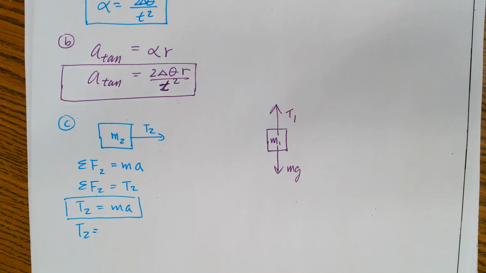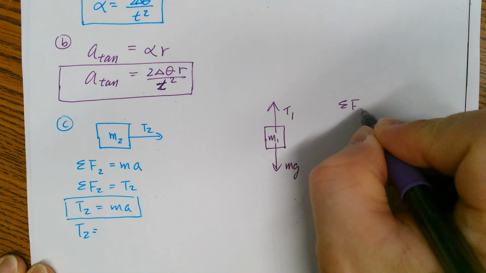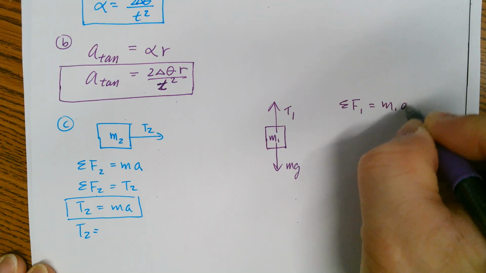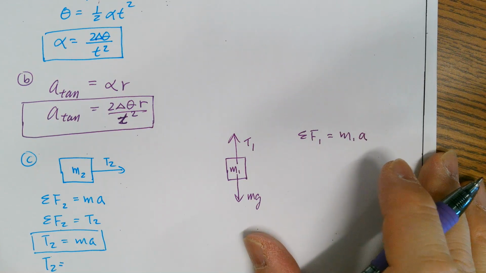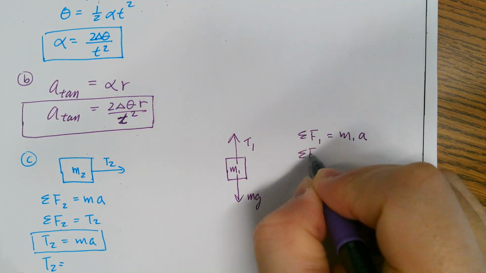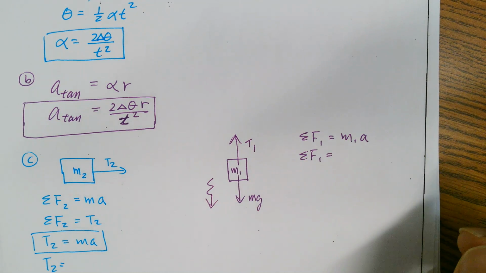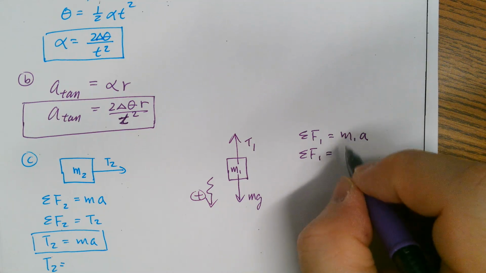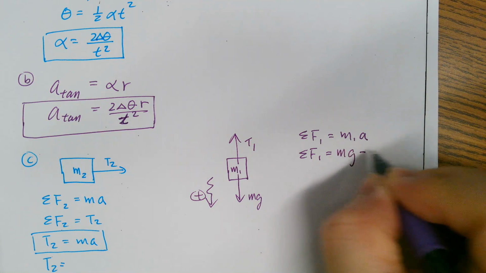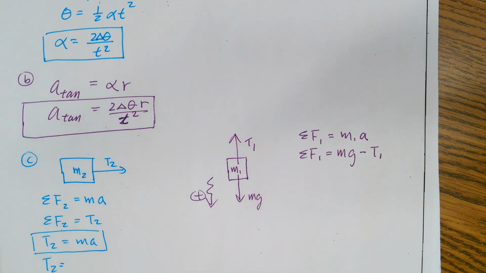So the sum of all forces 1 is equal to M1A, and it looks like this is going to be the positive direction, so M g minus T1.